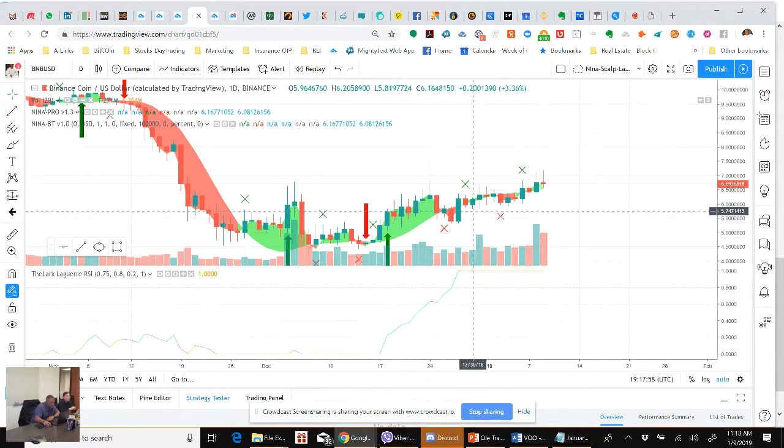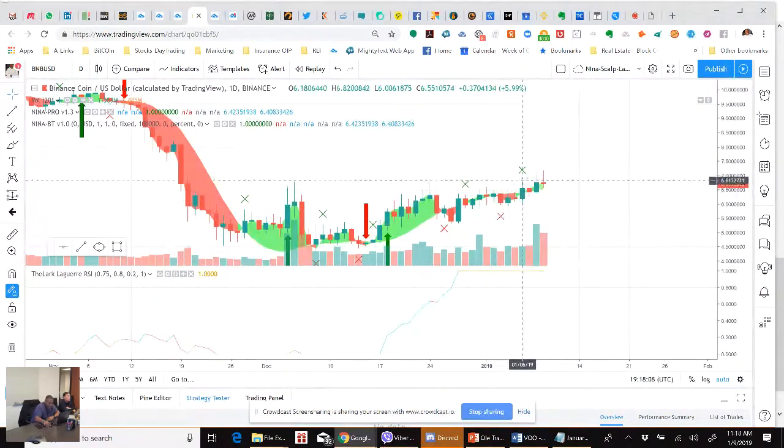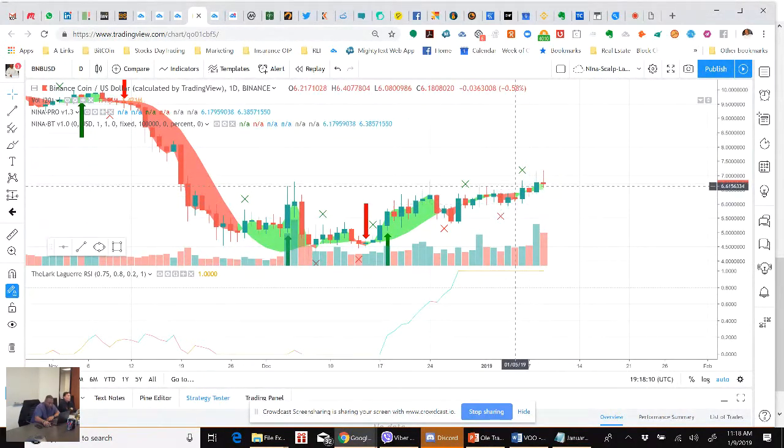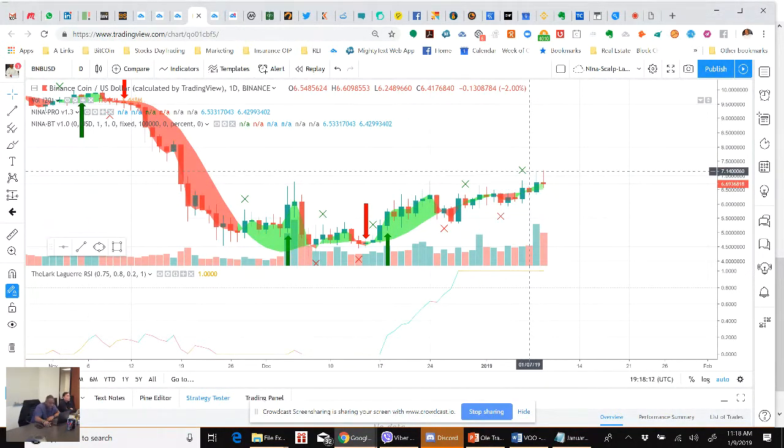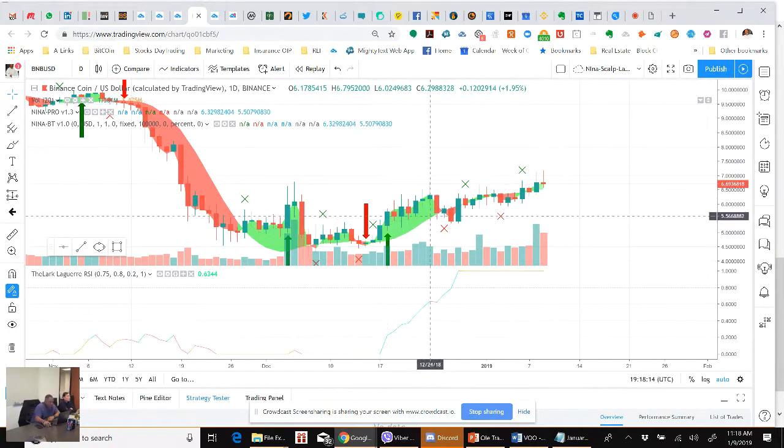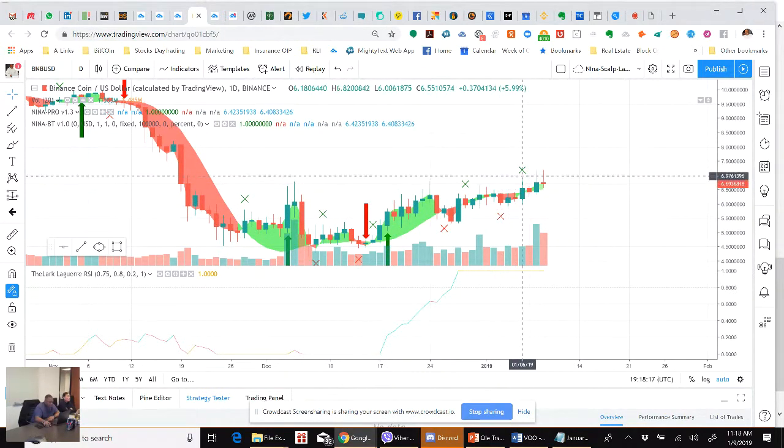Looking at the growth, even if you got in late, BNB went from 5.59 and touched $7 already, but our arrow is still telling us to stay in the trade. And we know that we have a date on January 9th, so we can ride that news.